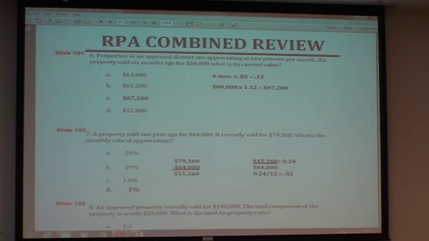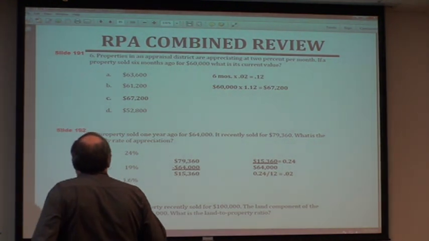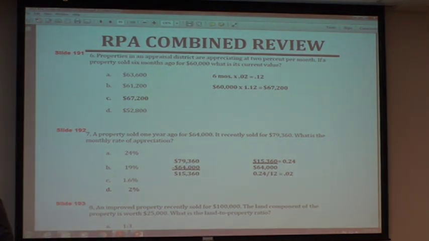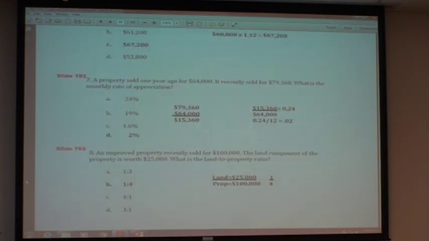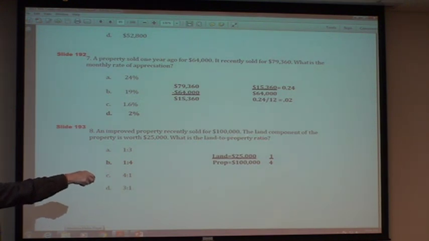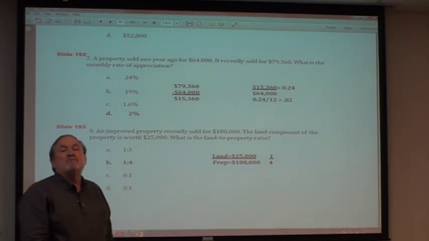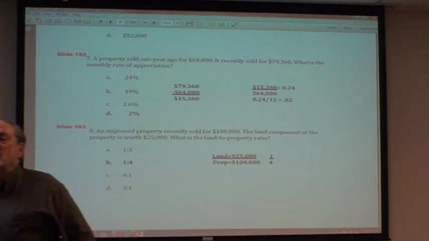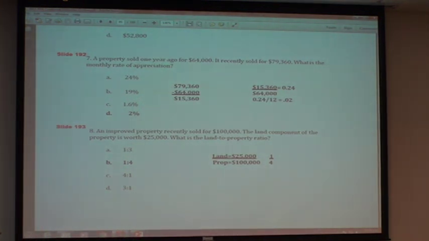There's 4 parts. When it says, what is the land to property ratio, that's the total number of parts in it. What if it said land improvement ratio?